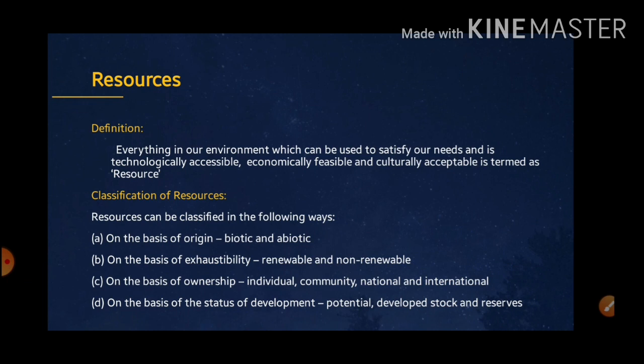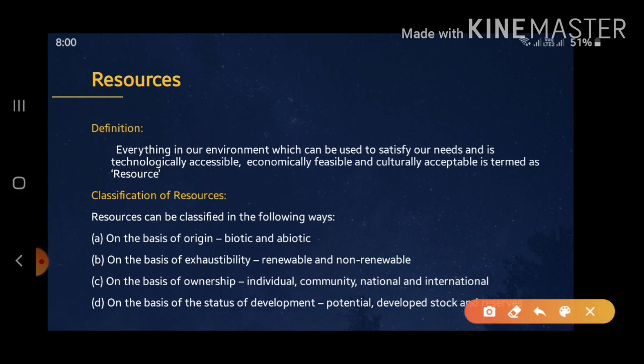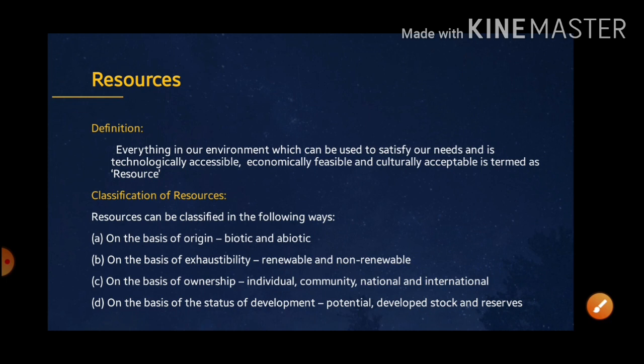Why has it been classified? Because we are getting resources in different forms. Based on their availability and occurrences, we are classifying the resources into four major groups. One is on the basis of origin, second exhaustibility, third ownership, fourth status of development.